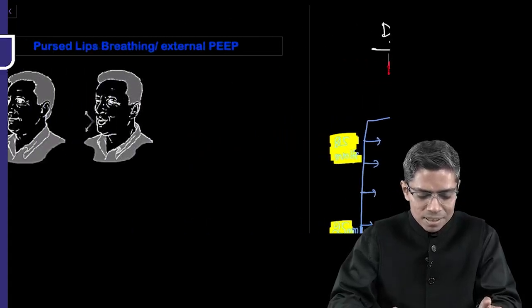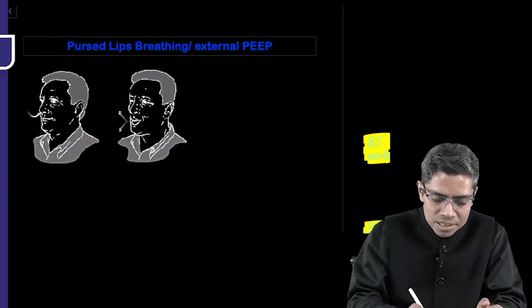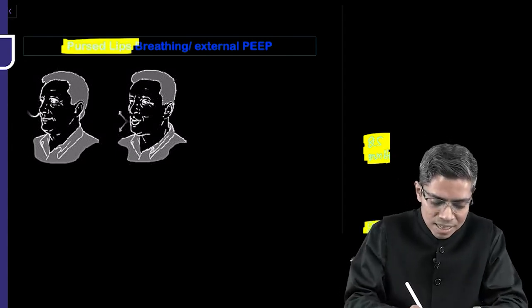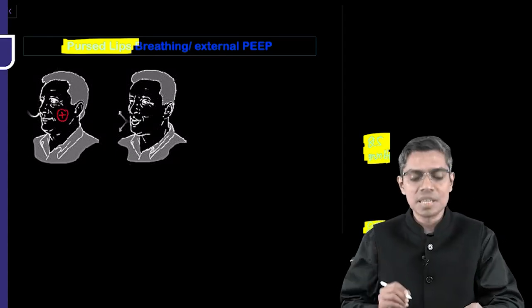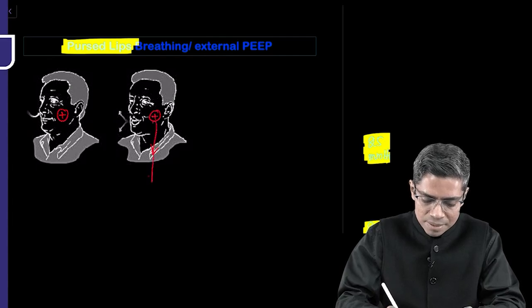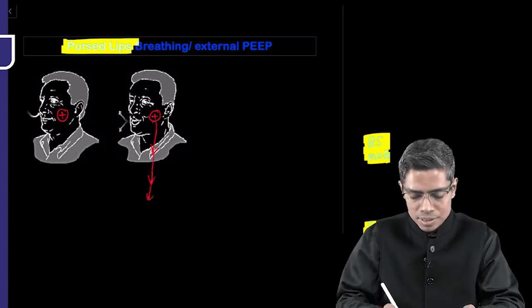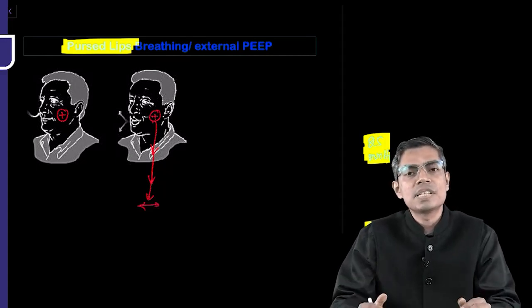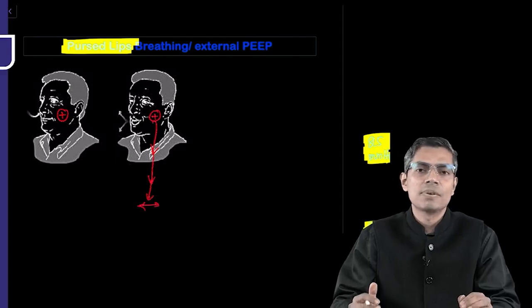All of you know that this is known as pursed lip expiration, where the subject generates certain positive pressure from the mouth, and that positive pressure is delivered at the level of small bronchioles, and it will open up the closed bronchioles, and the subject will maintain the expiration for a long time.